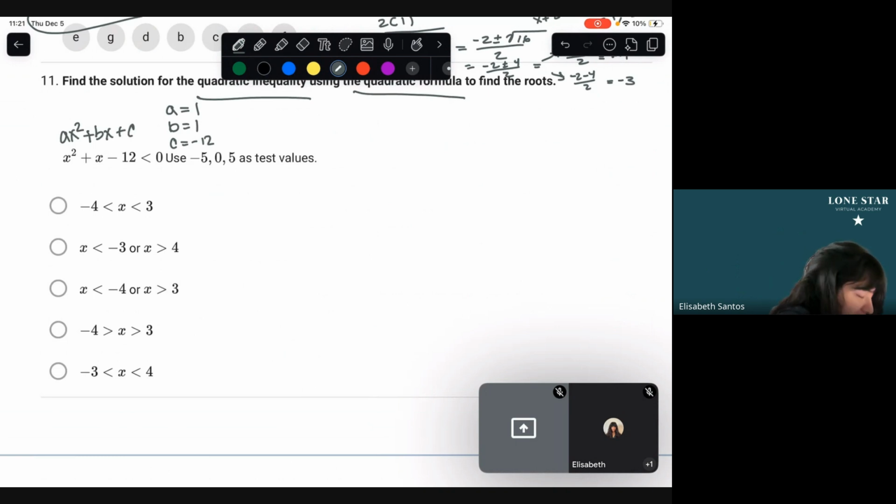And we're going to do the quadratic formula, which is negative b plus or minus the square root of b squared minus 4ac, divided by 2a.